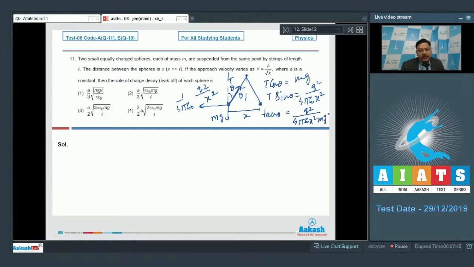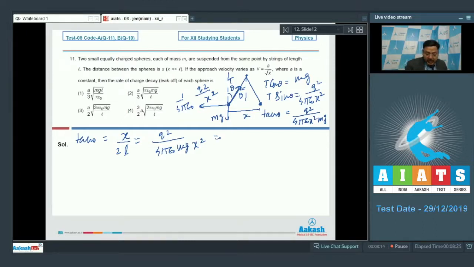And x being very small, we can replace tan theta as x by 2 into L, and so that is equal to q square divided by 4 pi epsilon naught mg into x square. And let's further simplify this. We are interested in finding minus dq by dt.